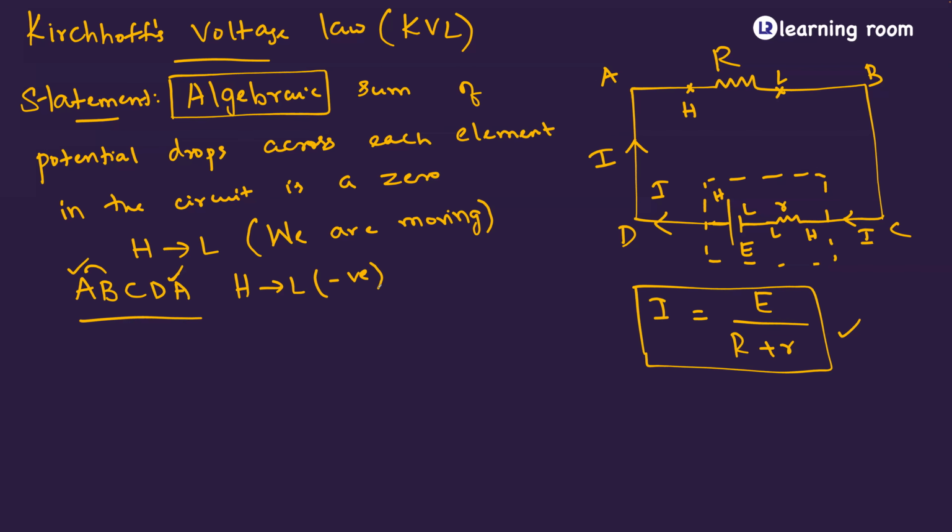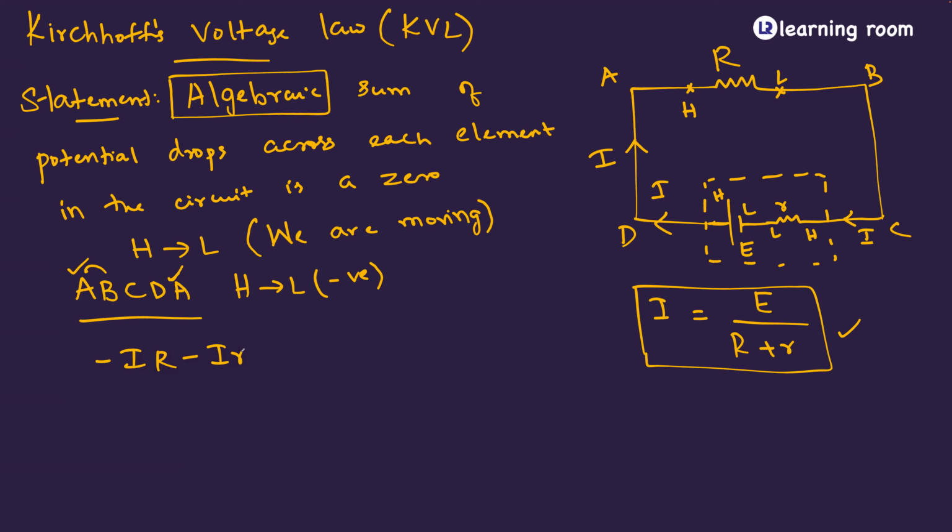But what is the potential drop across this resistor? You know the current across this. How much is the current? I multiplied with R. So I into R with a negative sign. When you go from C to D, you're moving from higher to lower. So what is happening across this resistor? There also you're losing energy. Across this resistor, energy is lost. How much energy are you losing? Minus I into small r.